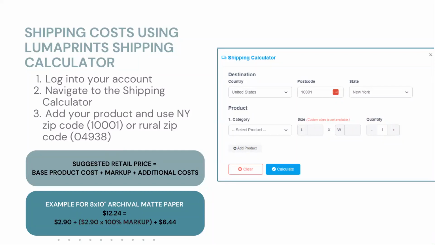And from there, you can enter the product you want along with these two recommended zip codes. We have 10001 for New York. This happens to be the farthest state from us in California, and 04938 for a rural area in Maine, since we've come to discover that rural locations would actually trigger slightly more in shipping. So I'm going to go ahead and show this example in the Excel sheet as well.